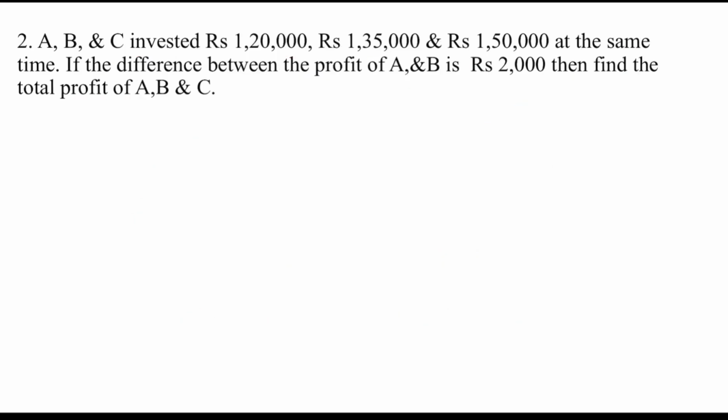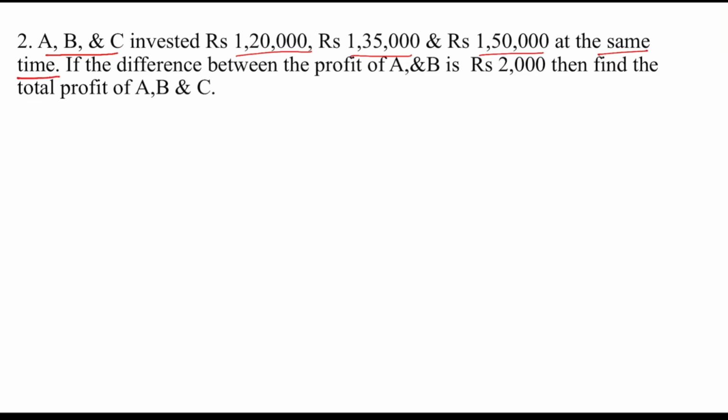A, B and C invested rupees 1,20,000, rupees 1,35,000 and rupees 1,50,000 at the same time. If the difference between the profit of A and B is rupees 2,000, then find the total profit of A, B and C. Okay. So A, B and C are three people who are investing. A is investing 1,20,000, B is investing 1,35,000 and C is investing 1,50,000, for the same time they are saying.